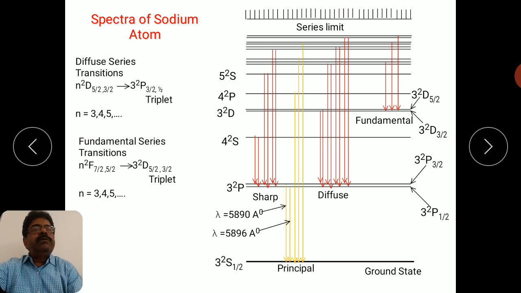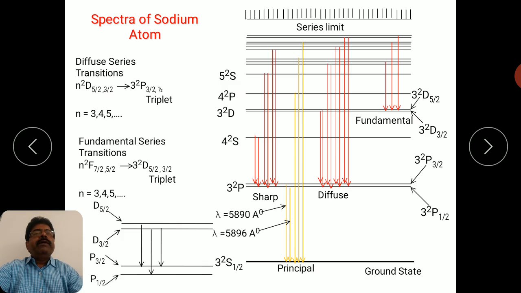For the principal series, we have seen the sodium doublet. Now I just want to explain why the diffuse and fundamental series are triplets. So the fundamental series also represents a triplet energy state. Why a triplet? We shall consider one example. Out of the four combinations, three are allowed and only one is not allowed. So how is this possible? Let us see now.